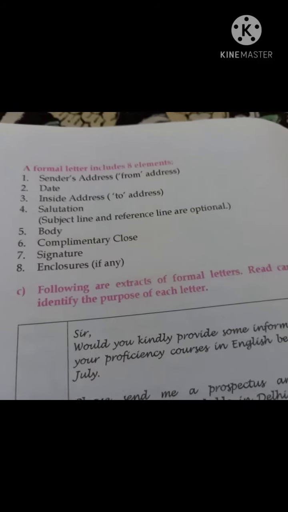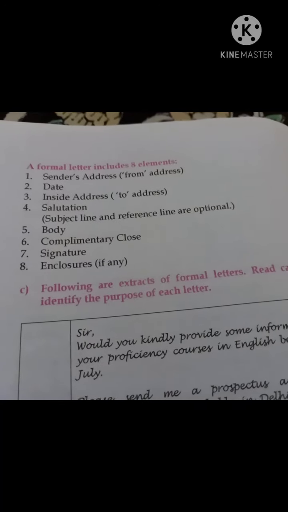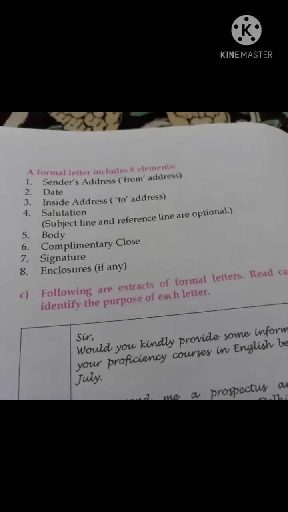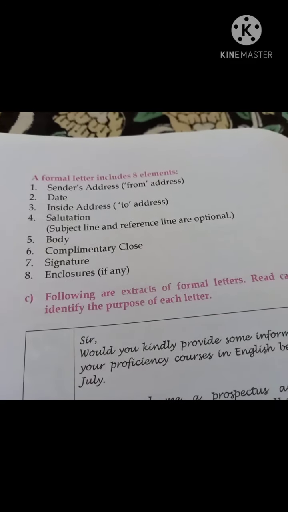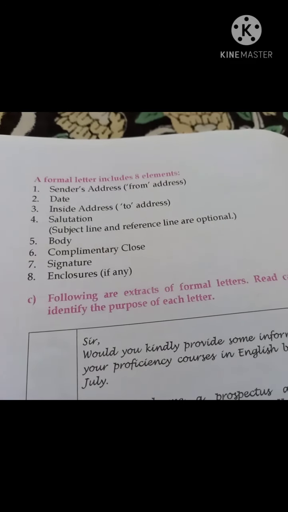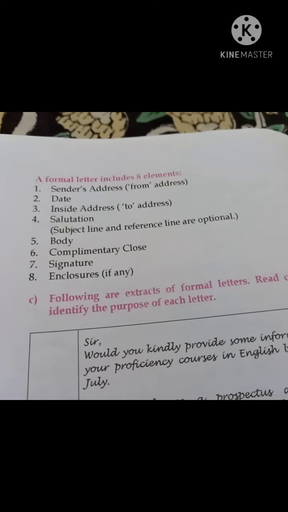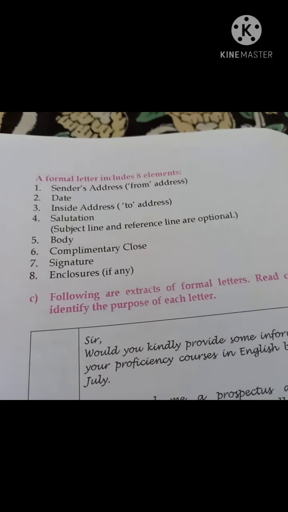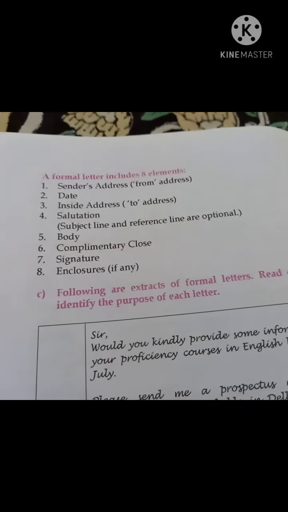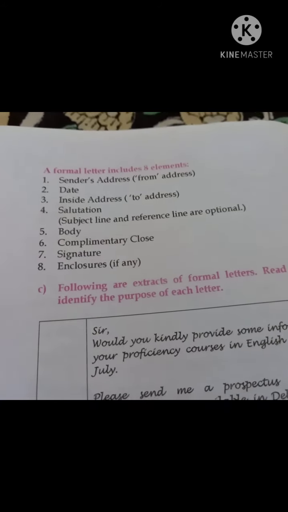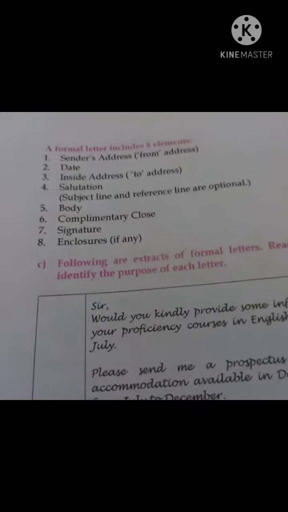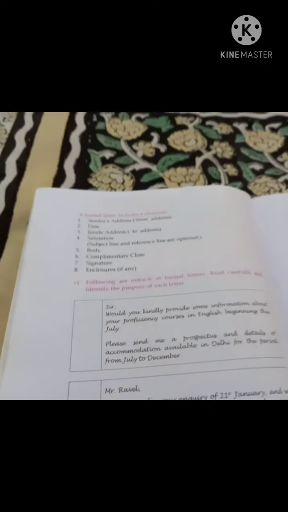Along with the covering letter, you enclose these certificates or documents. They are called enclosures. Dear students, remember, these are 8 elements that you have to keep in mind when you write a formal letter. This question is for 5 marks. So, this is all about letter writing.